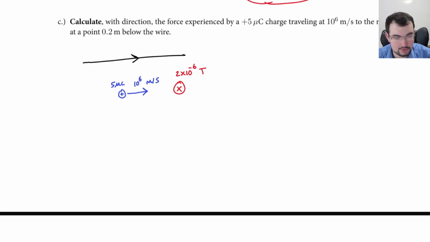This is the right-hand rule, or the Lorentz force law. So we know that the magnitude of the magnetic force is QVB, as long as we're taking V to be perpendicular to B.